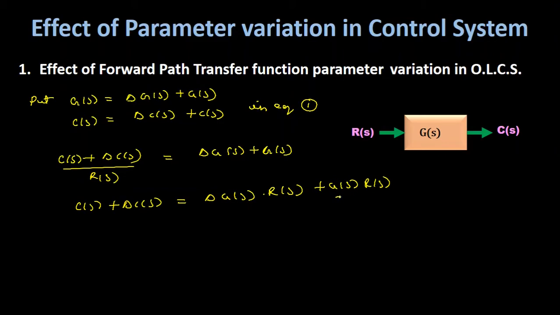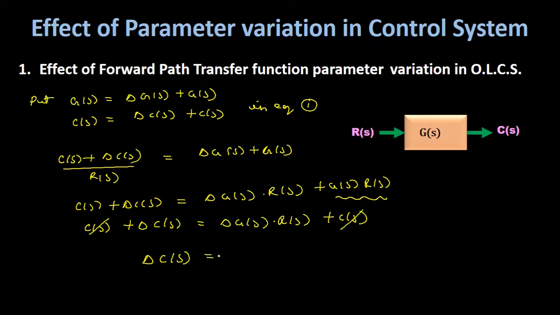We know that this G(s) into R(s) is equal to the output response C(s). Therefore, this C(s) plus del C(s) will be equal to del G(s) into R(s) plus C(s). Now, this C(s) and this C(s) cancel out and we get the change in output response del C(s) equal to del G(s), that is the change in the forward path transfer function, into R(s).